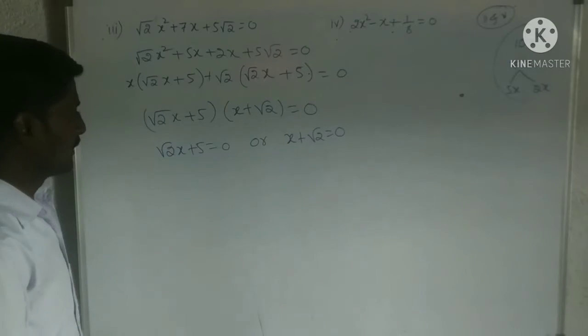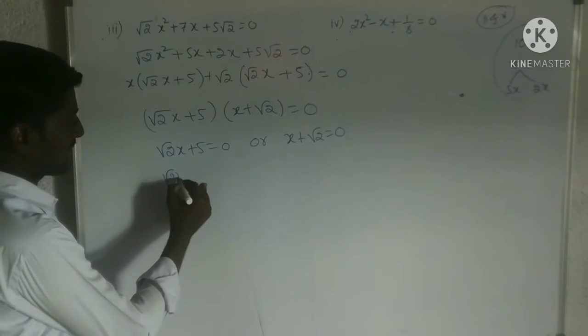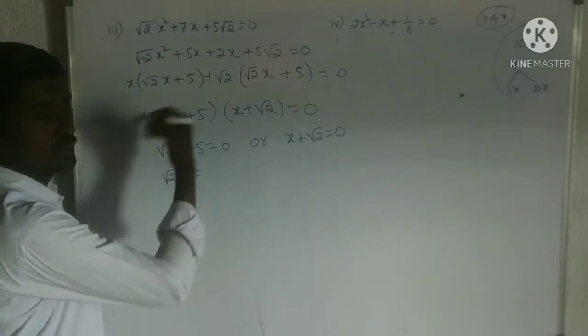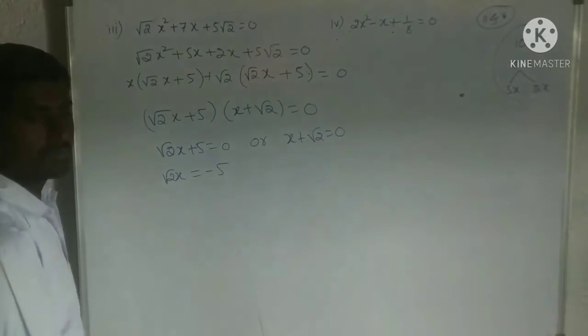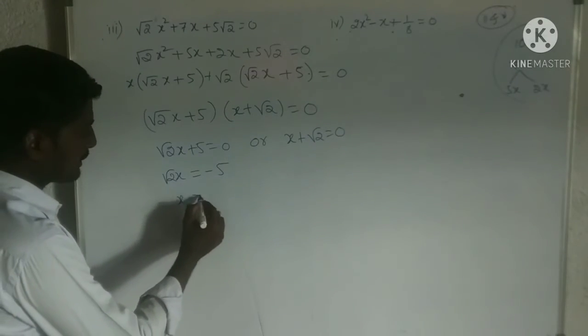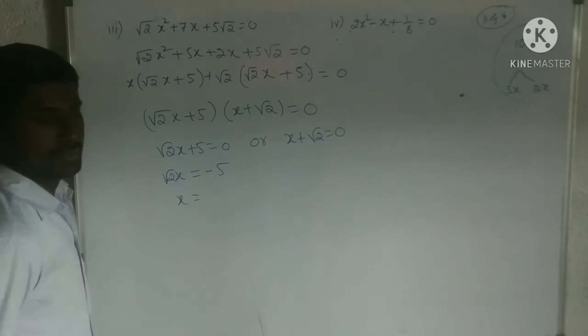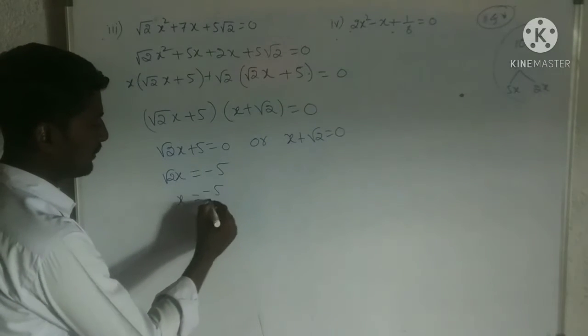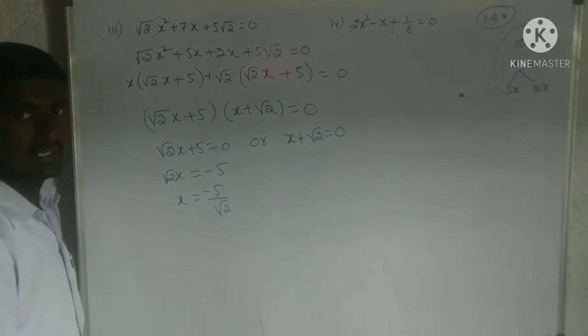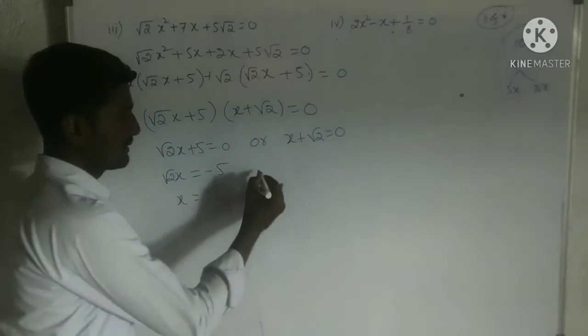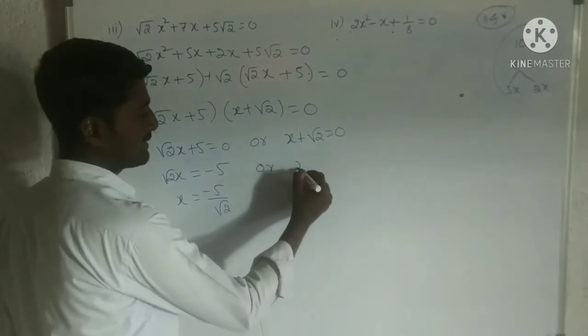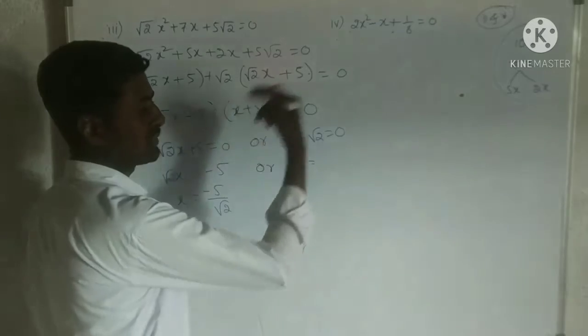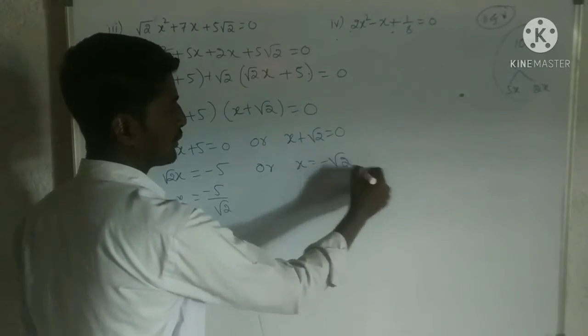Now root 2x is equal to plus 5 goes to that side, it will become minus 5. Now here x is equal to, this root 2 comes to denominator, minus 5 divided by root 2. This is one root. Then here x is equal to plus root 2 comes to that side, it will become minus root 2.